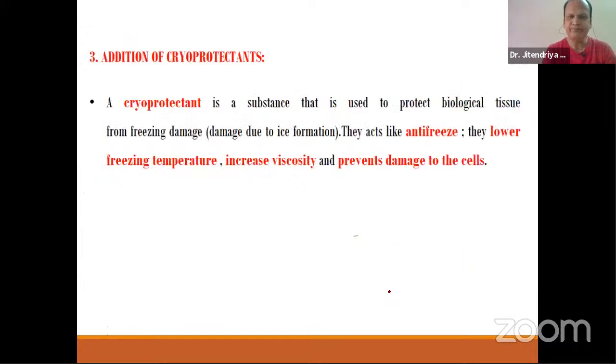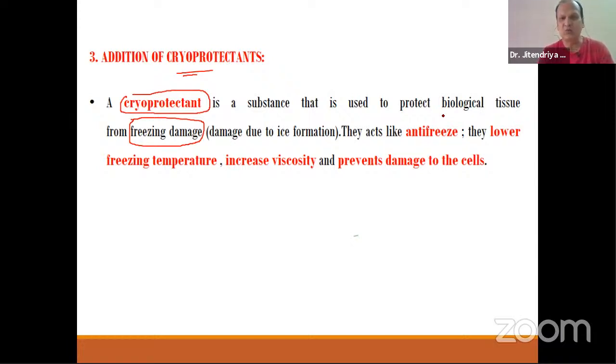Now, what are the different types of cryoprotectant? As I already told, a cryoprotectant should be able to protect the tissue from freezing damage. What does it mean? Inside the tissue, there should not be any ice formation.